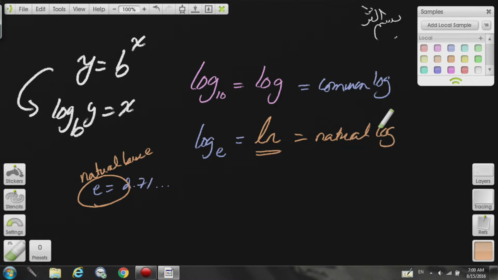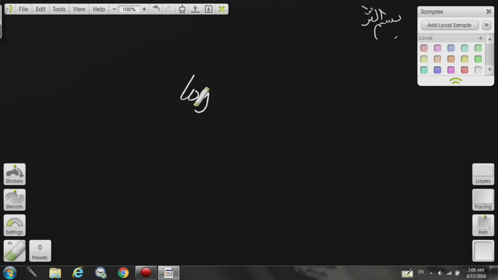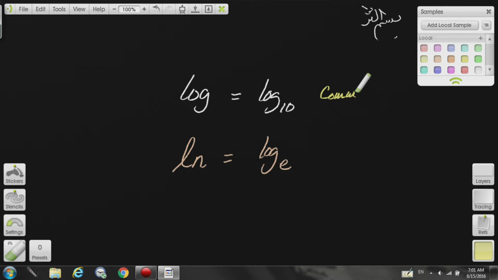In your calculator, there will be two keys. The first key will say log, which is assumed to be log base 10. The second key will be ln, natural log, which the calculator assumes means log base e. So these are the two common bases used: common log and natural log.